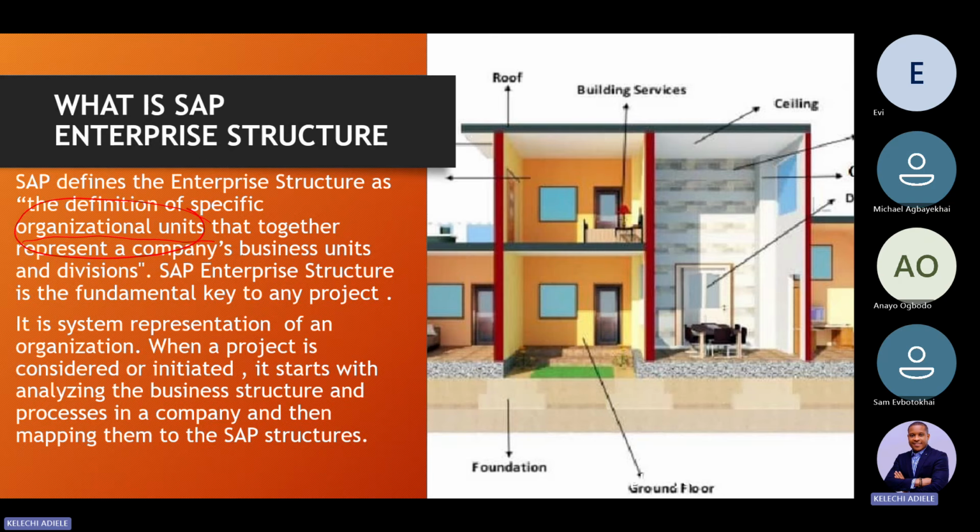And so when I see construction work and the precision that goes into what they do, I bring it back and I see that we have a lot to learn in how we put organizational units together. All these roof, building services, ceiling, of course, they have their terminology in construction.